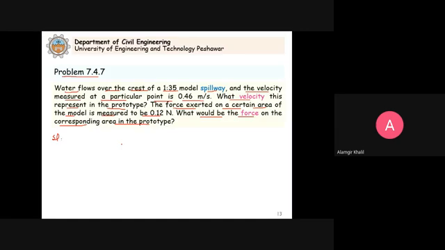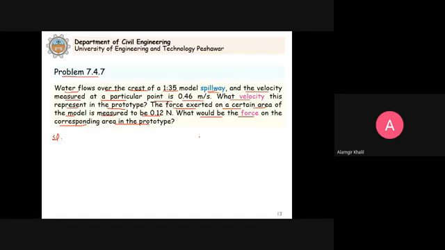Now you can see the flow problem which is given to us, that water flows over the crest of a spillway. So we know that this is actually open channel flow, and in this case the Froude number will be important. This comes from your understanding.